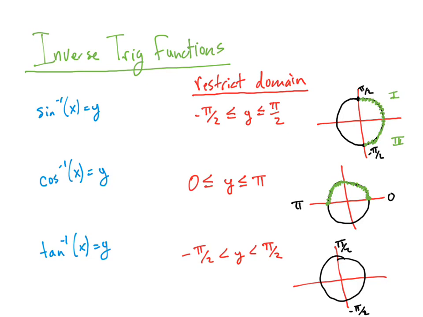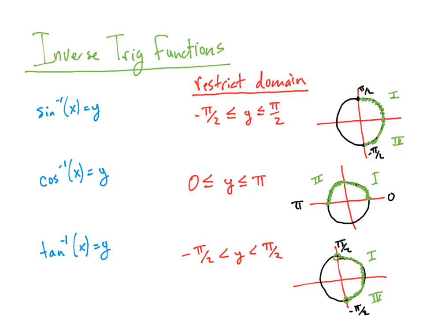And then for tangent, we're between negative pi over 2 and pi over 2, but we don't include those endpoints. The reason we don't include those endpoints is because the tangent is undefined at those locations. So for cosine, we can think of this as quadrant 1 and quadrant 2. For tangent, similarly to sine, we can do quadrant 4 and quadrant 1.